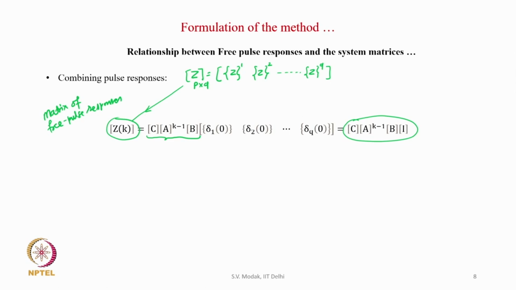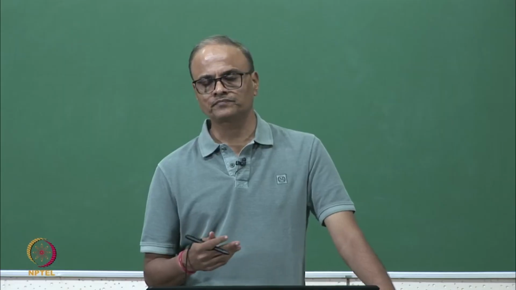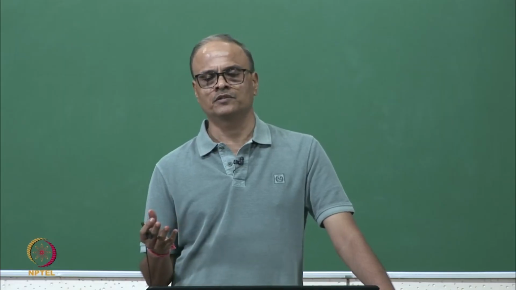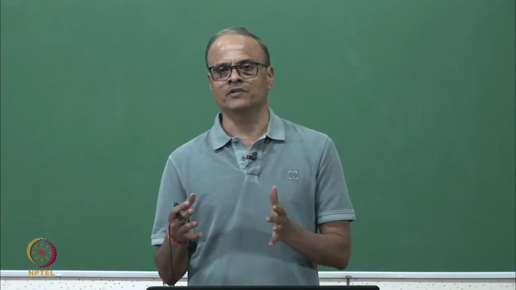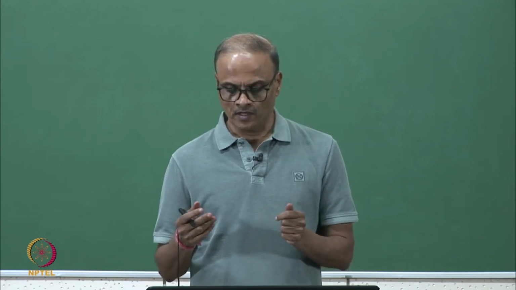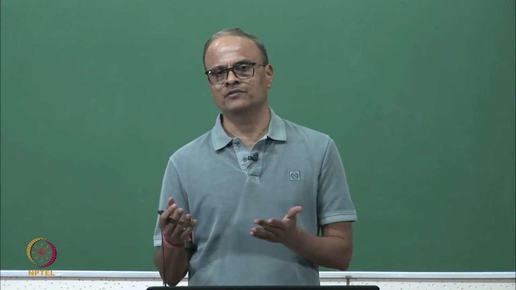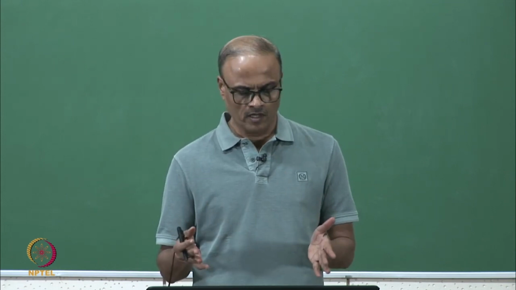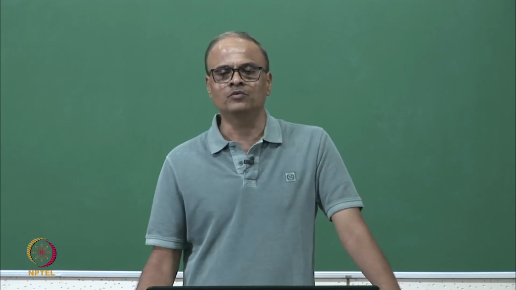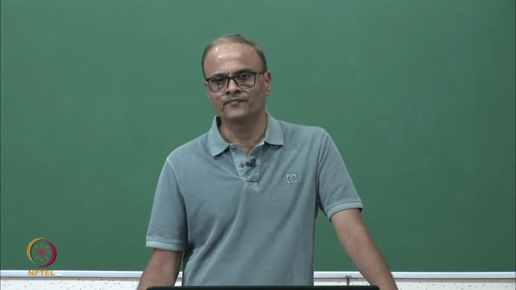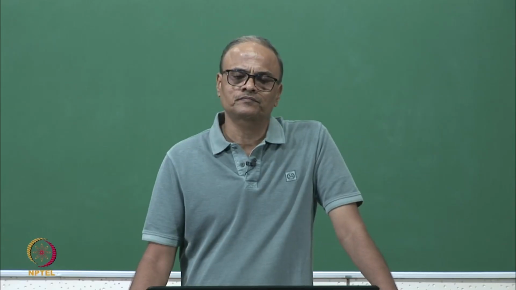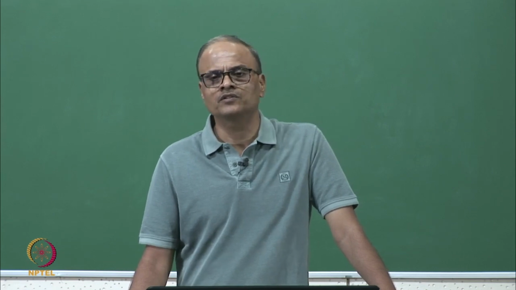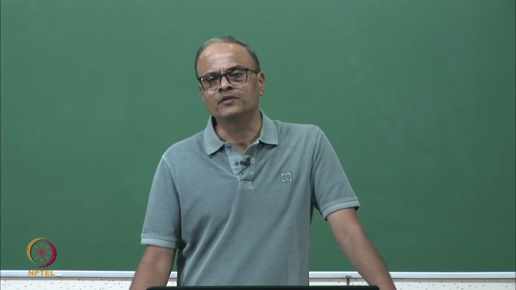We note that this matrix is dependent only on the system matrices A, B, C, because it contains the information about the impulse responses. Impulse responses, which are the free pulse responses in discrete time, characterize the system and are system properties, so they are not dependent on the inputs. They depend only on the system characteristics, and that is why this matrix is related only to the system matrices A, B, C. Now we are going to talk about how the system can be realized from this matrix of free pulse responses.